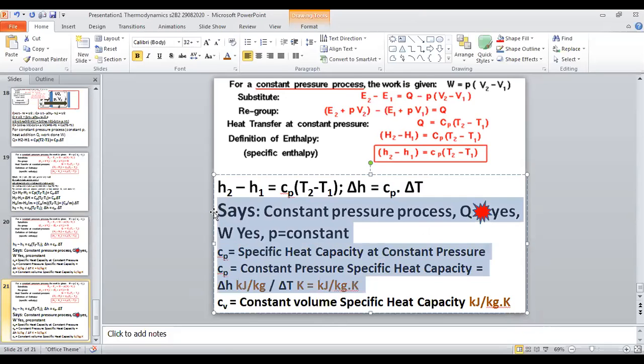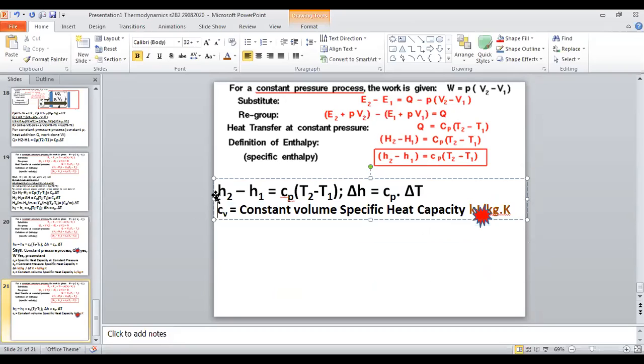Cv, if I move one more step, I have to share with you how this is possible. U2 minus U1 is Cv delta T. This is very beautiful, later I will explain. So this is Cv. Same like Cp, here becomes Cv.